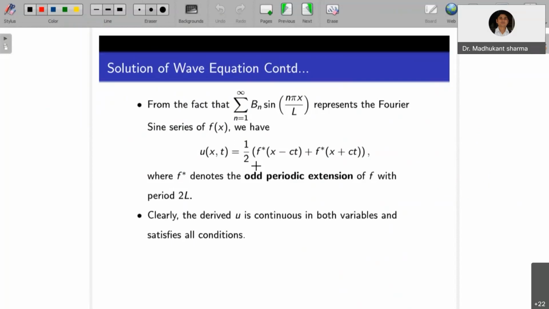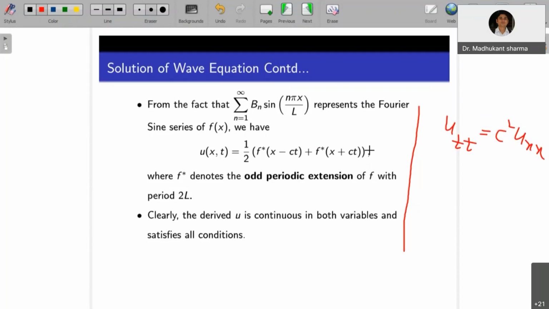So this derived u is continuous in both variables and satisfies the equation c square uxx. Now you are working on the validity of this infinite series. It satisfies the boundary condition, it satisfies the initial condition.